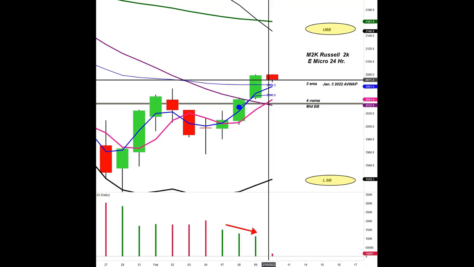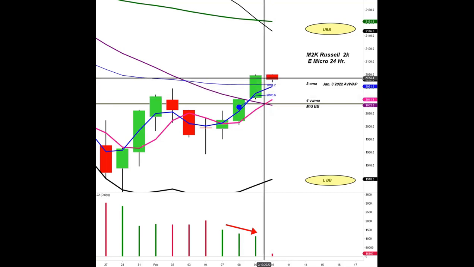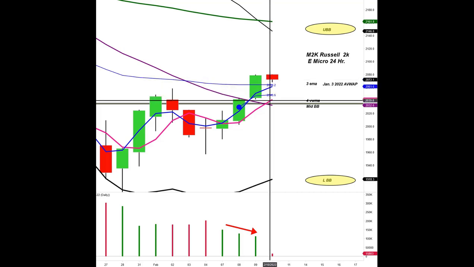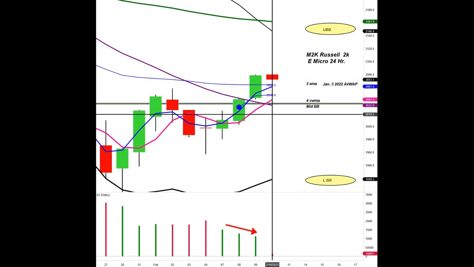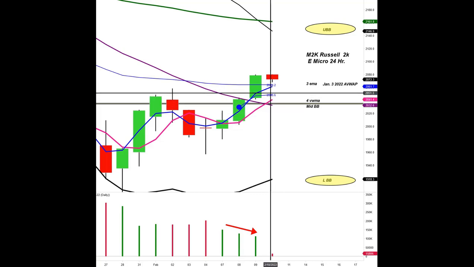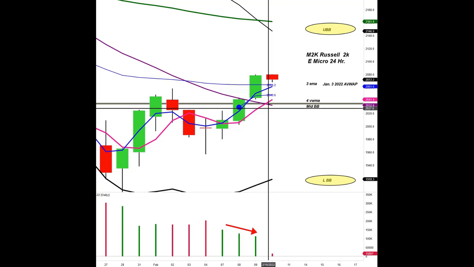And here we are with a nice gap here at 2072 on the price, where the middle Bollinger Band is 32. So we are really looking at 40 handles here above a declining mid Bollinger Band.